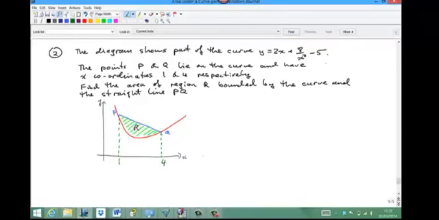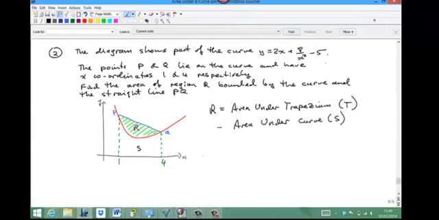Then the area R is the area of the trapezium formed by P, Q, and the x-axis and the two dotted lines there, minus the area under the curve. So R is the area of the trapezium, I'll call T, minus the area under the curve, which I'll call S.